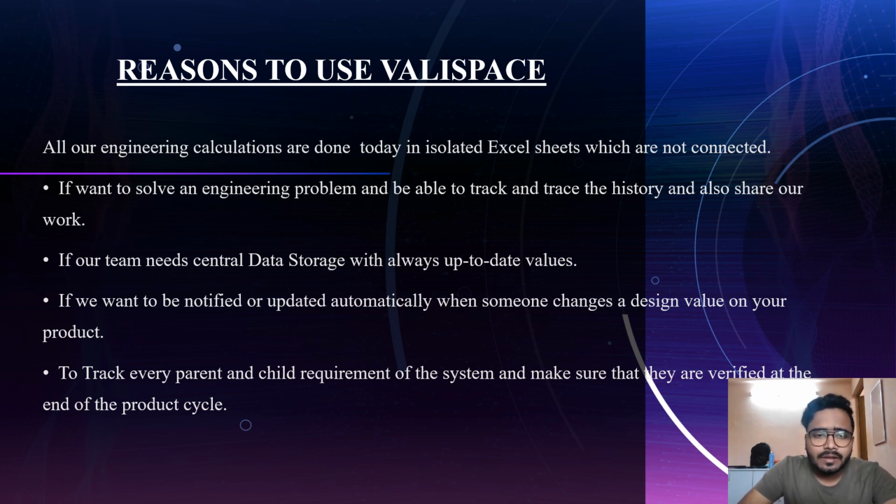Third reason: if we want to be notified or updated automatically when someone changes a design value on your product. Fourth reason: to track every parent and child requirement of the system and make sure they are verified at the end of the product cycle. So that's all about the reasons to use Valispace software.